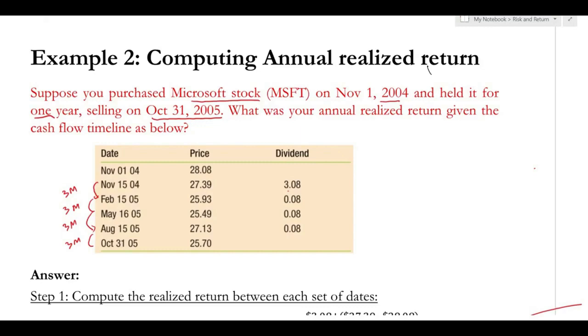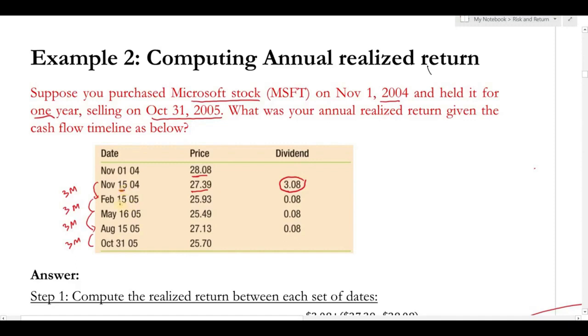If you see, on November 1, you bought this stock at 28.08, right? And on November 15, the stock price was 27.39, because the company declared a dividend of 3.08, so that's why you are getting this November 15 date, right? Otherwise that is a quarterly one.